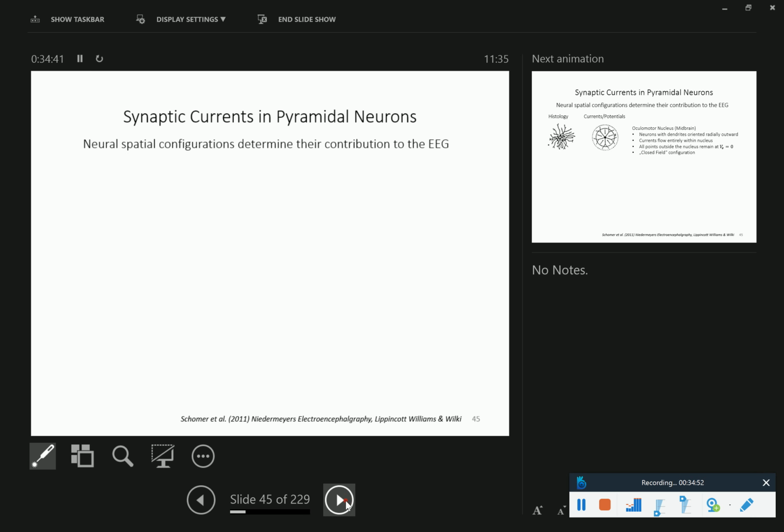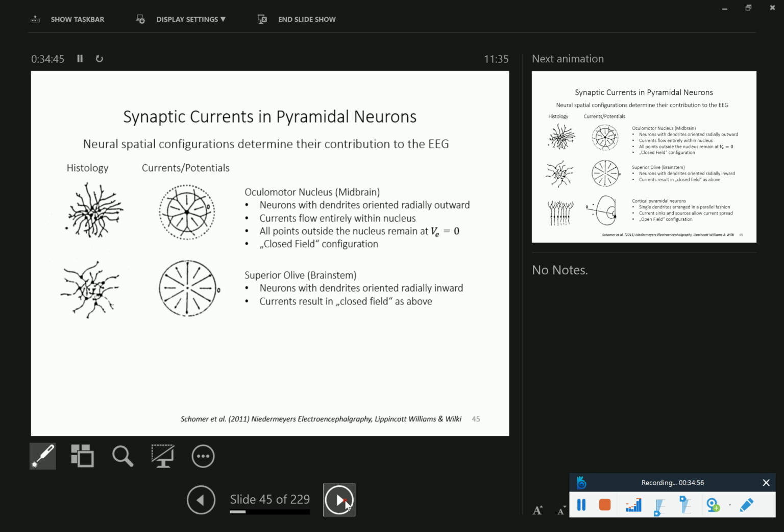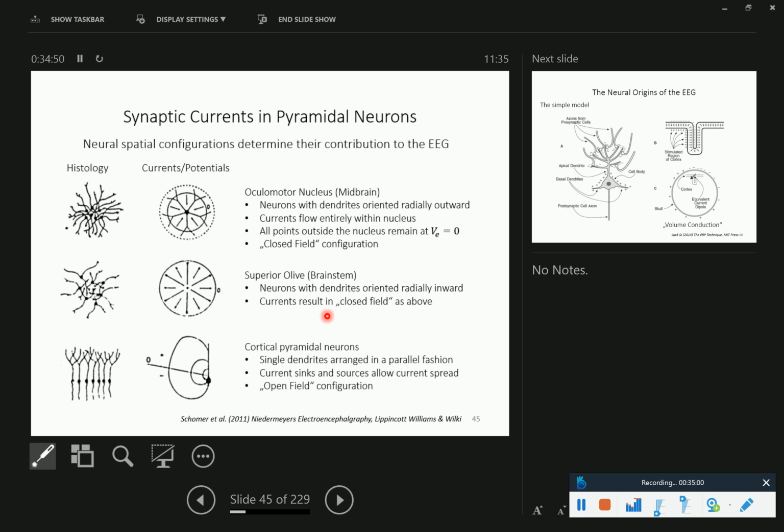Now it is important that this restrains what you can actually pick up. The good thing about the pyramidal cell neurons, as you've seen from the histology, is that they are arranged in parallel, and that is what is called the open field configuration.